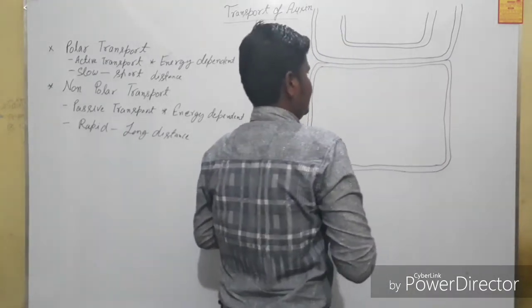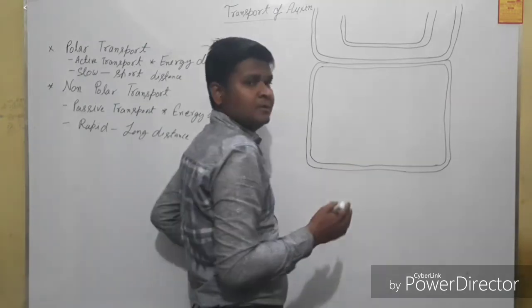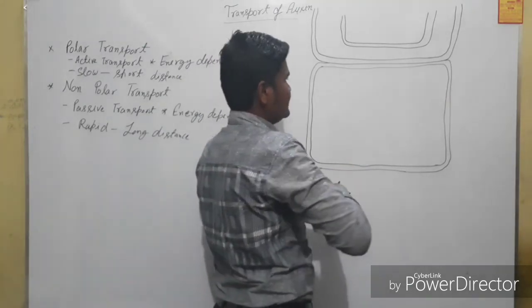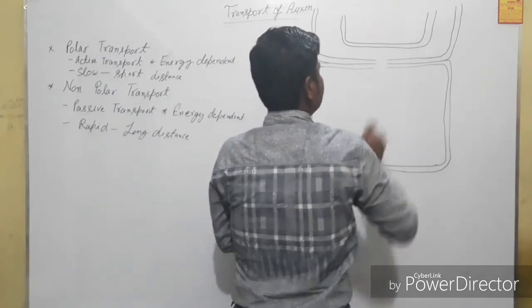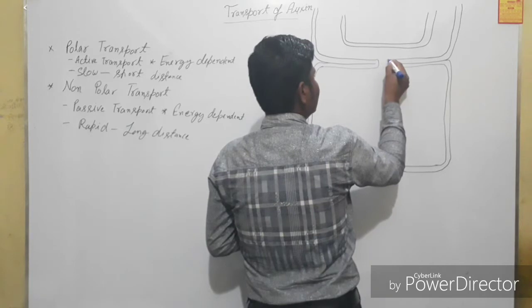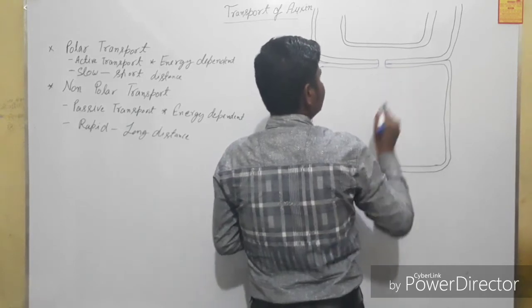We know that there are many special pores here, a connectivity, a junction, which is known as plasmodesmata.